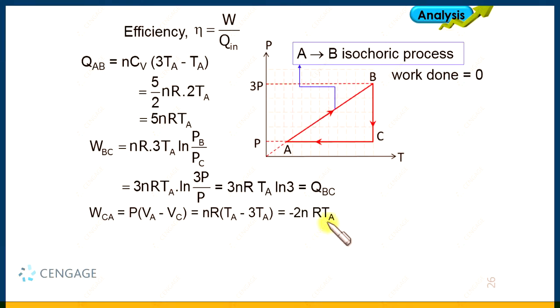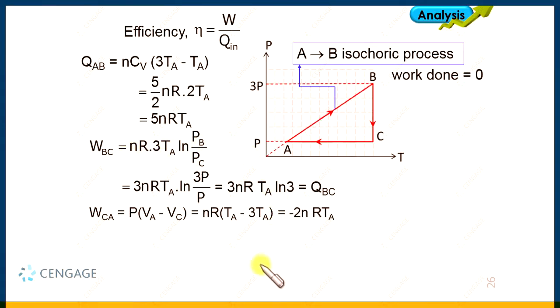So we got the work done in each and every process, and the value of Q where it is absorbed, where it is positive, for the cyclic process. Okay. So the efficiency formula is W divided by Q in. So W we can add for each process, and positive Q we can also add.